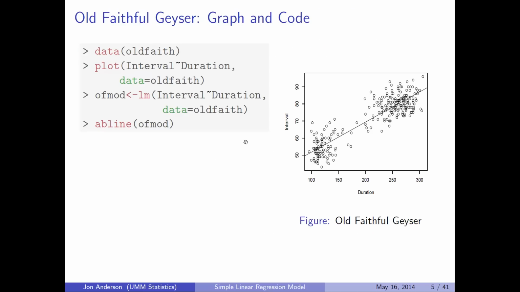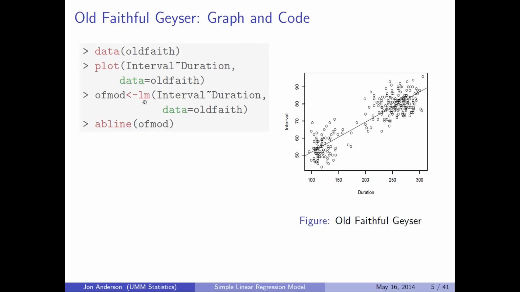This plot was constructed with the code given here on the left. We use the Old Faithful data frame that is in the alr4 library, the textbook package for our course, and we plot the y variable interval as a function of duration. Then in the third command we estimate a linear model, which tells us what equation of a straight line goes through these points the best.